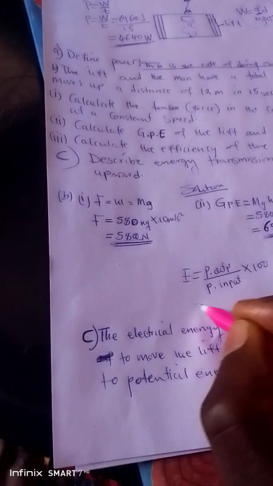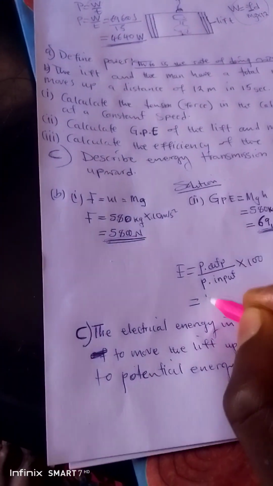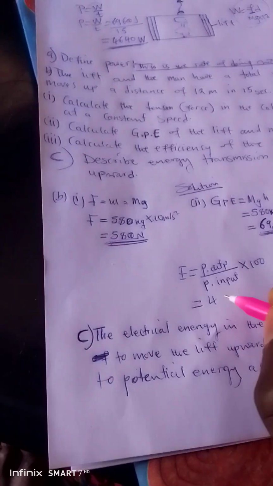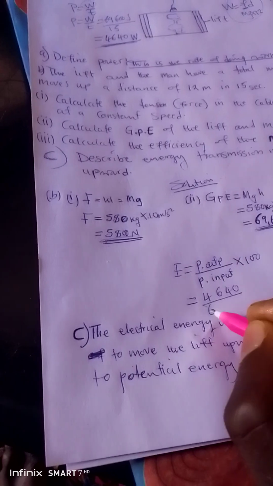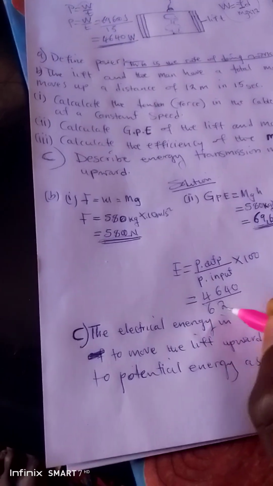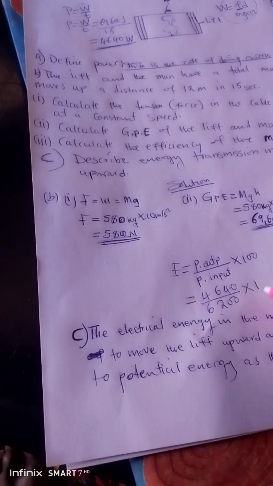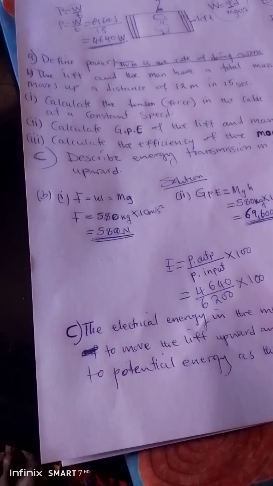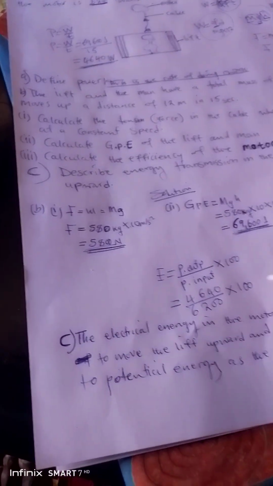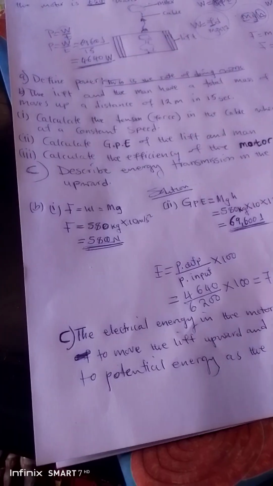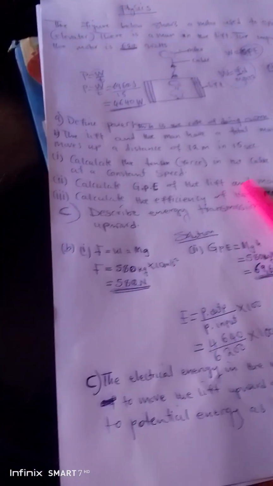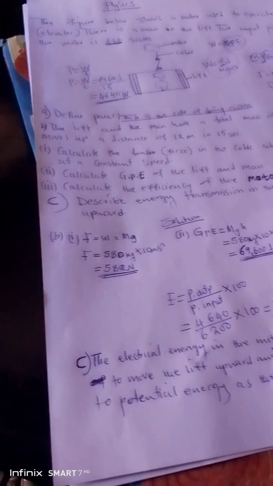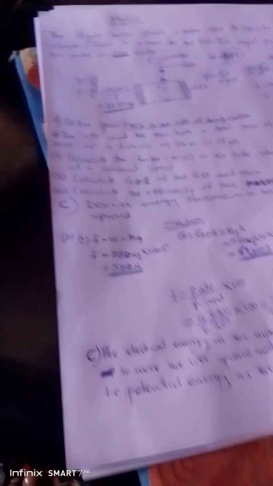The power output was 4,640 over the power input, which was 6,200, multiplied by 100%. And when you evaluate this, we are going to find 75%. So that was the efficiency, the ratio of the power output to the power input.